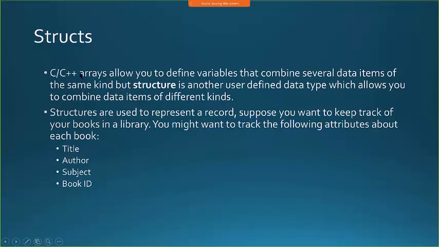And just to review, a data structure is really a way to take a group of elements and put them in one bundle so that you can access them all under one variable name.